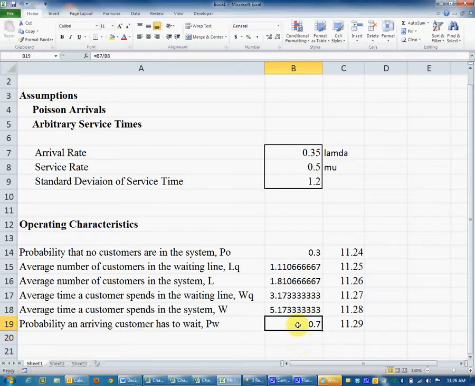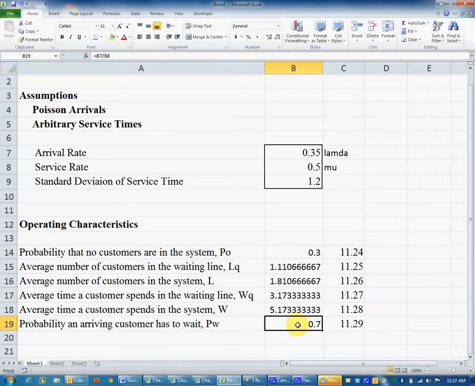Now, in reality, there's another way to solve this. Anybody see, just looking at the numbers, how you could know that without knowing the numbers above? This kind of understanding is a little bit important. If you were to arrive, the probability that you have to wait.